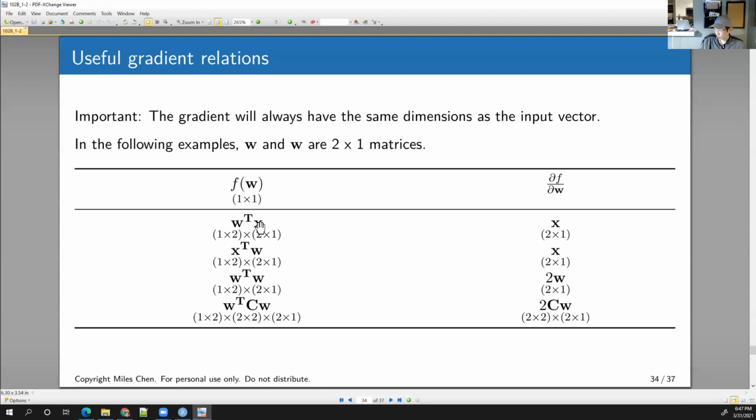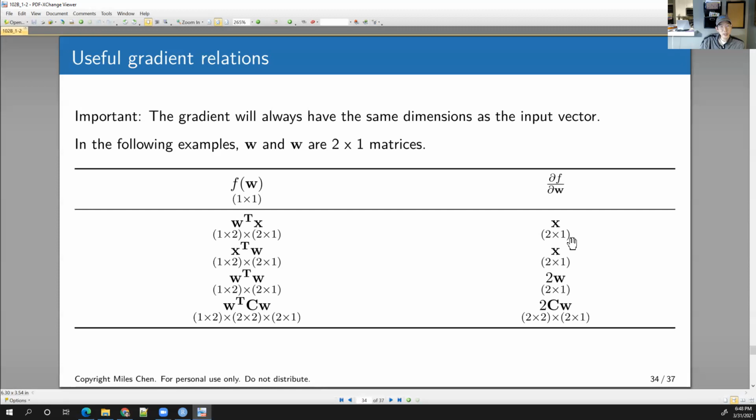If you have W transpose X, which is a 1 by 1 scalar, 1 by 2 times 2 by 1, when you take the gradient with respect to W, you're going to get X, which is 2 by 1. If you have X transpose W and you take the gradient with respect to W, you're going to get 2 by 1.